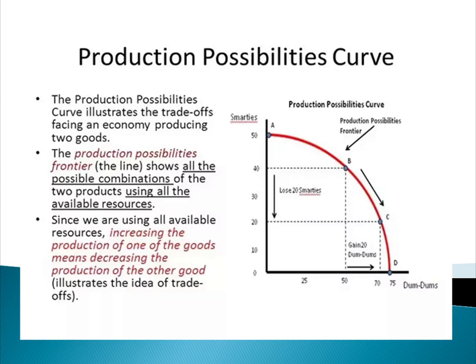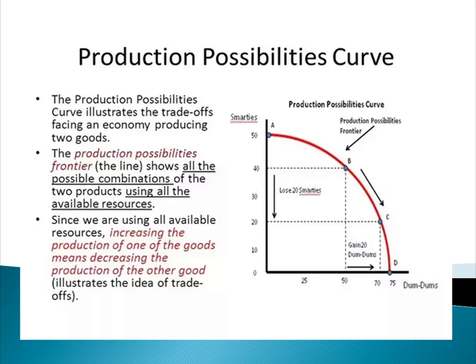If a country is producing at point B, as you can see the arrow towards B, the country is producing 40 units of Smarties, shown on the y-axis, and 50 units of dum-dums, shown on the x-axis. It can be any product, it's just an example.